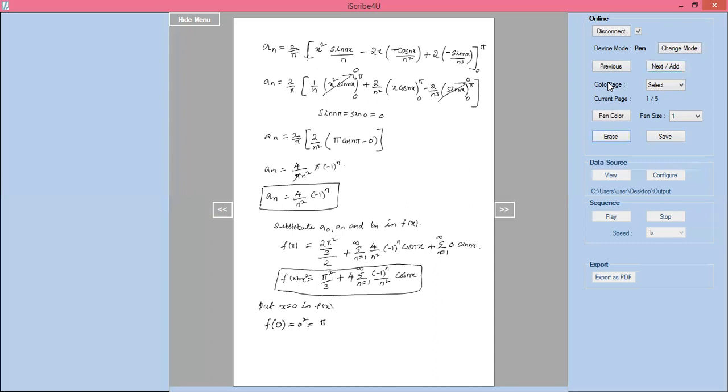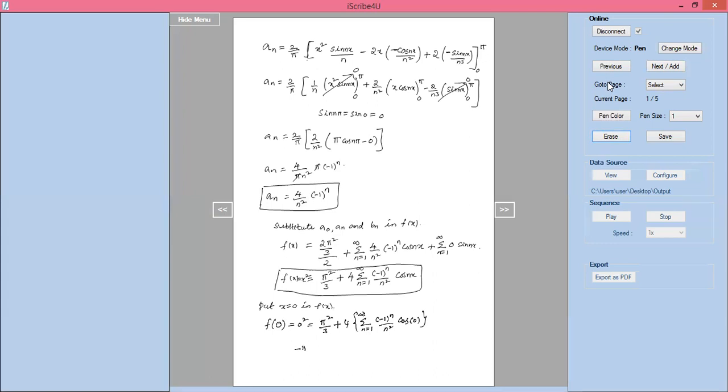pi square by 3 plus 4 into this one. I will expand it; at the same time I am substituting x equal to 0 and expanding it: 4 into summation of n equal to 1 to infinity minus 1 power n divided by n square into cos 0. Now f of 0, 0 square, is this one.